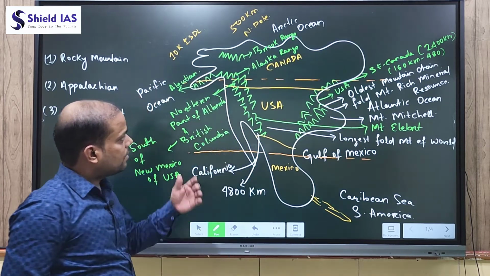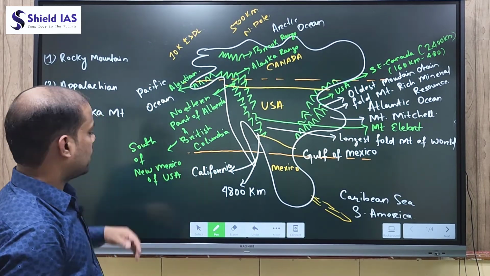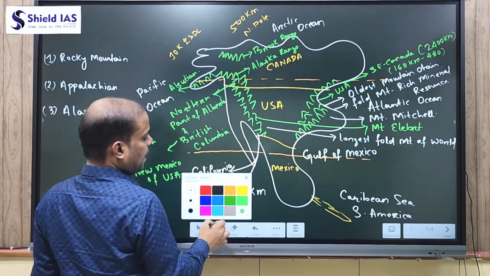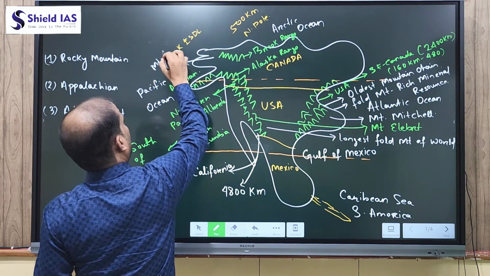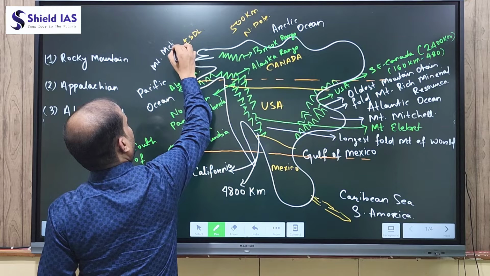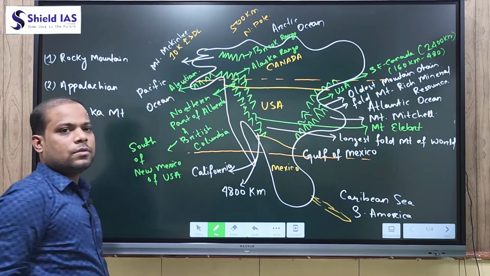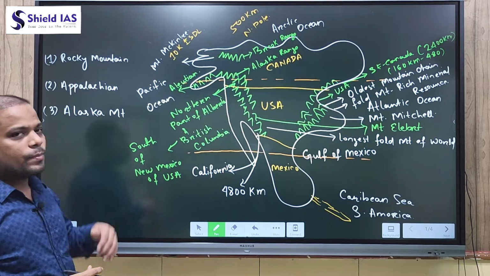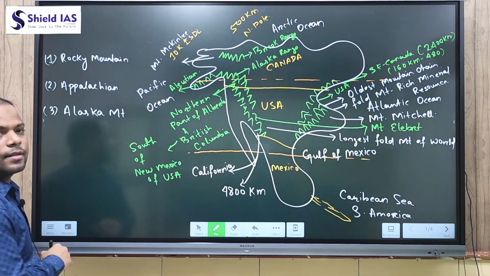So these are the 3 ranges which are part of the Alaska Mountain, and the highest peak in this region is Mount McKinley. So first we have done the Rocky Mountain, second the Appalachian Mountain, and third the Alaska Mountain.